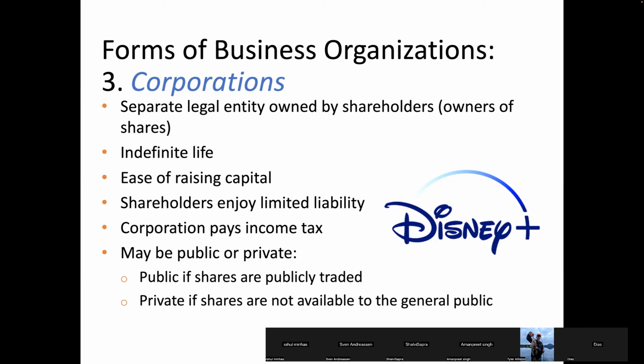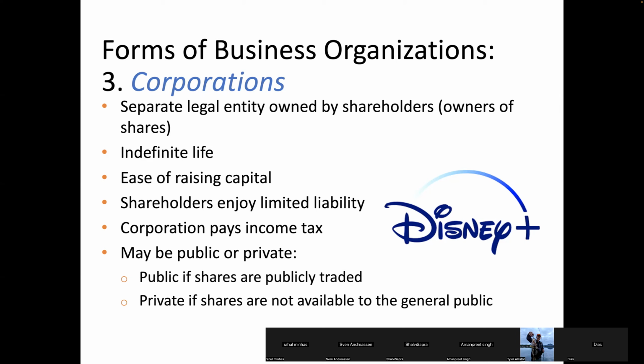Shareholders enjoy limited liability. So basically, if there's a lawsuit against the Disney company, the worst scenario would be that the Disney company goes bankrupt. And as a shareholder, I lose my investment, but I don't have to sell my personal assets to settle that legal suit.